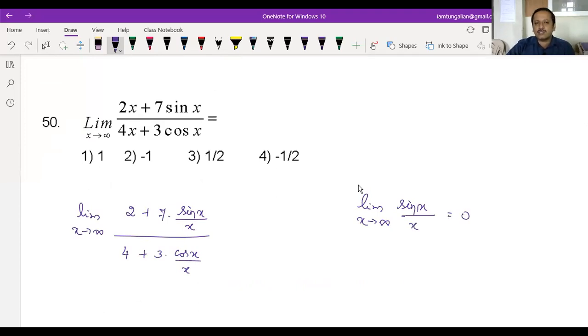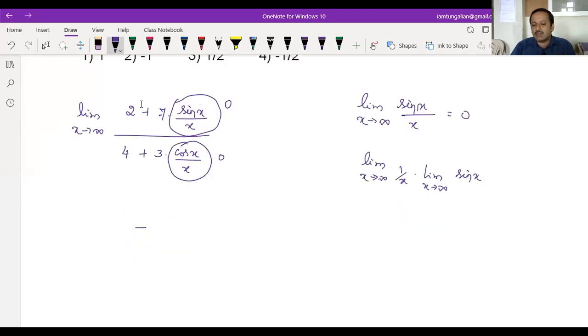See, as soon as you see sin x by x, immediately you will think, sir, it should be 1. It is 1 provided x is approaching 0. But here, in this particular problem, this x is not tending to 0. This x is tending to infinity. When x tends to infinity, sin x lies between minus 1 and 1, which is a finite quantity, so sin x by x is 0.